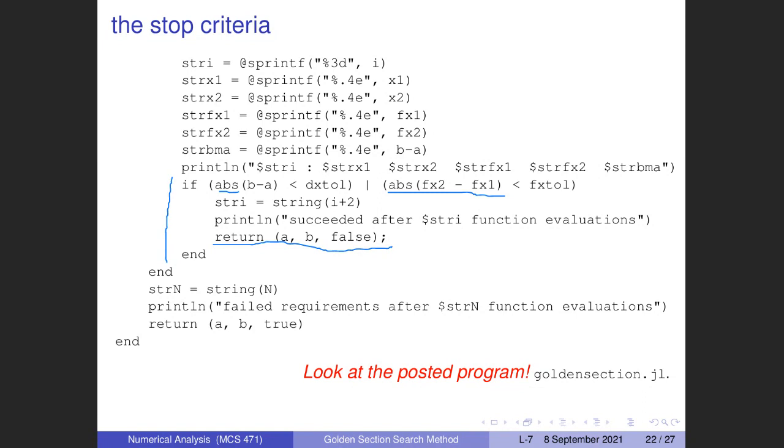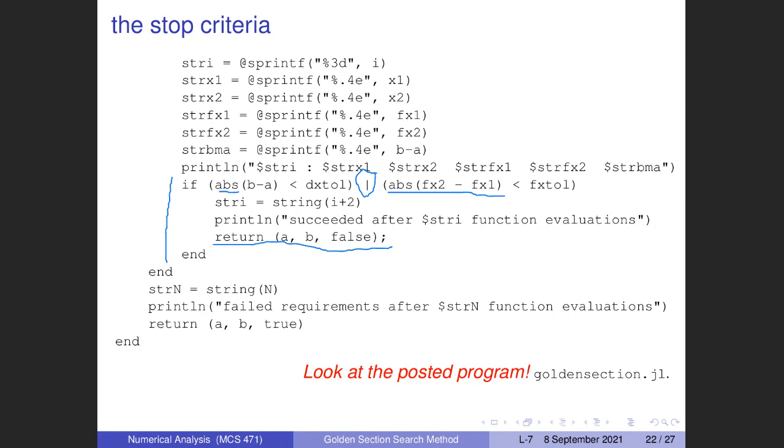If this is an OR statement, this pipe here, and one of these two or both of them is satisfied, then we terminate the loop and report false as failure.